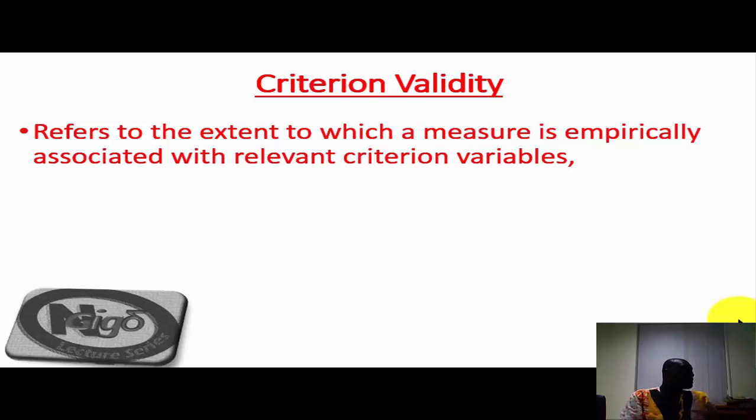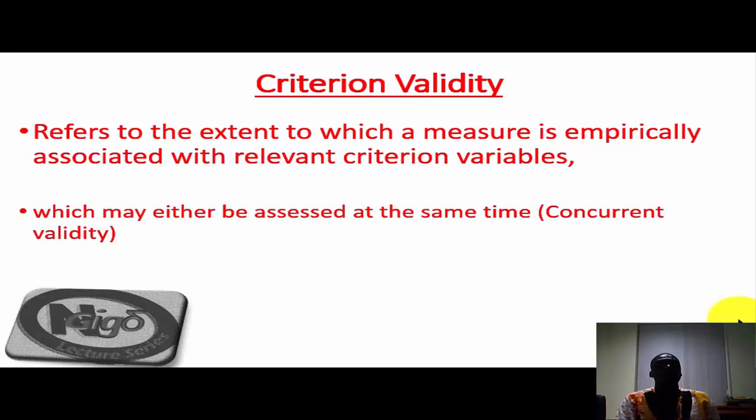And if they are supposed to give out the same thing, then it means that your new construct should be able to give comparable results with the other one. So if you finish and you correlate, the results should be virtually the same. Okay, so if you are distributing those two questionnaires together, the standard one that is there already and the new one that you have done, it means you are doing them concurrently. So that is what we call concurrent validity.